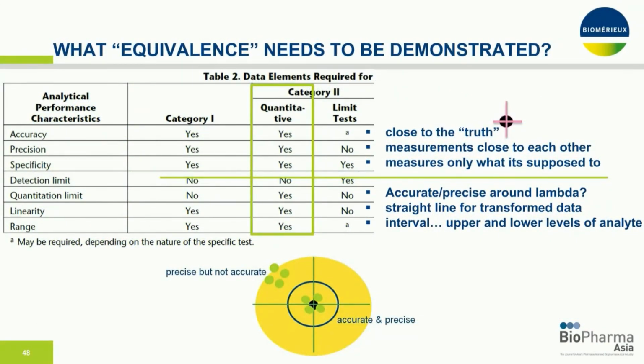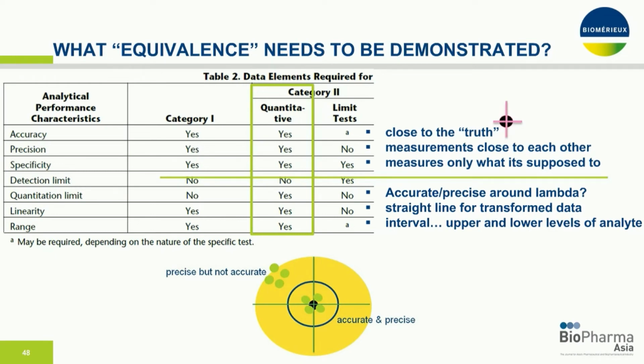Okay, in terms of the equivalence that needs to be demonstrated, USP 1225 gives these so-called data elements. So accuracy just means that it's close to the truth, and the truth here is the reference standard. So we would dilute down different concentrations of the RSE and demonstrate that it is accurate.